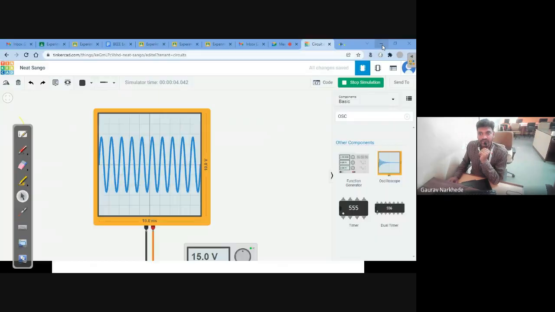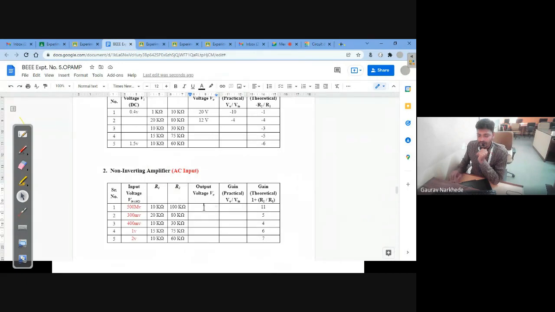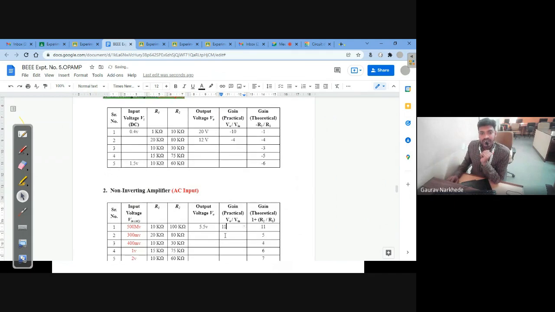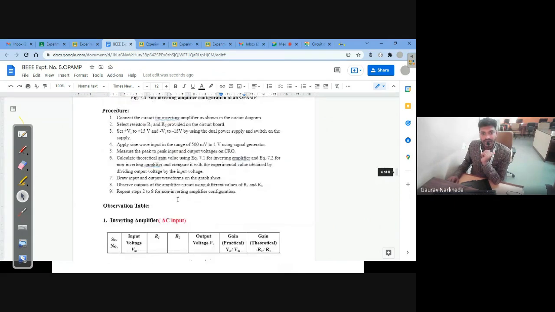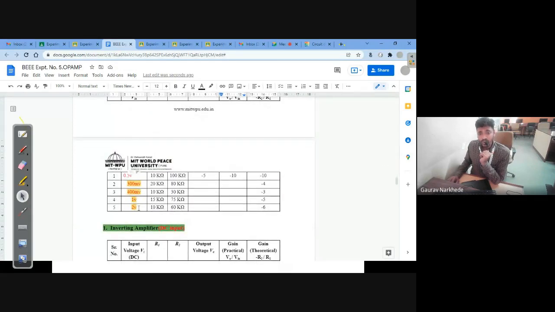So 5.5 into 1 volt will be 5.5 volts, right? And then you can calculate the practical gain. Again it is 11, and like this I can calculate the non-inverting amplifier with AC input. Similarly, you can calculate the inverting amplifier with AC input and do all the things.